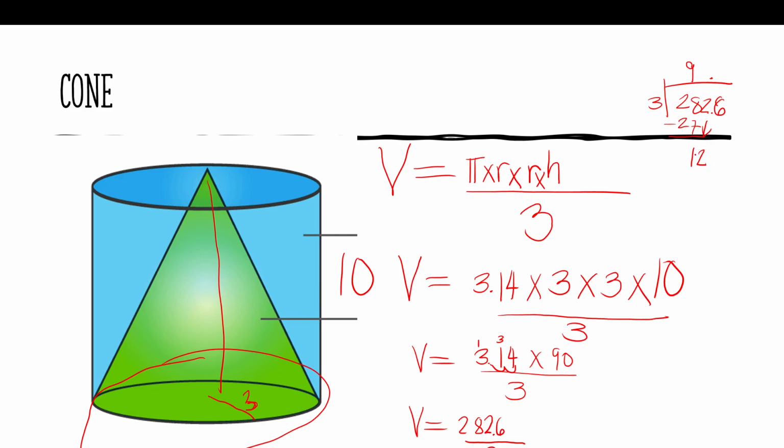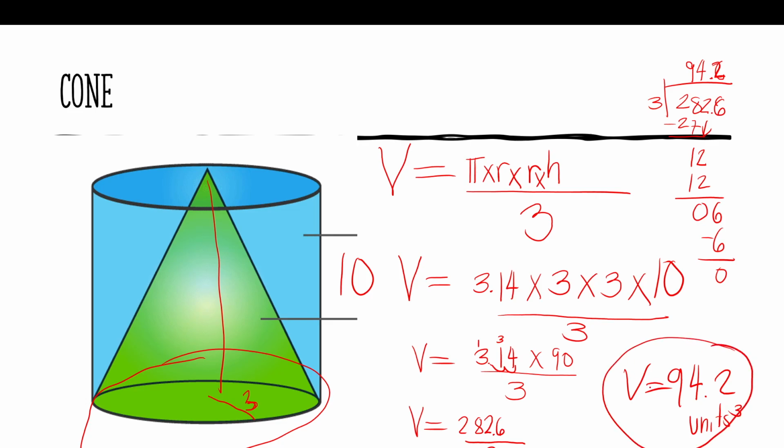So, magiging 12. 12 divided by 3 is 4. 4 times 3 is 12. 12 minus 12 is 0. Bring down 6. Ilang 3 meron sa 6? That is 2. 2 times 3 is 6. 6 minus 6 is 0. So, the final answer is 94.2 units cube or cubic units.